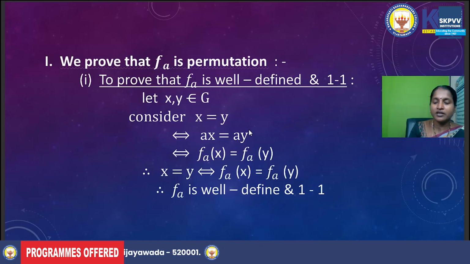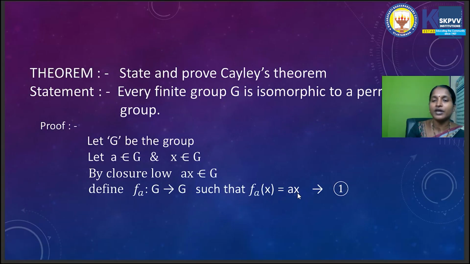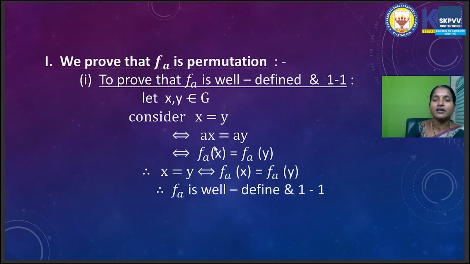By the definition, ax is f_a(x) and ay is f_a(y). So if x is equal to y, then f_a(x) is equal to f_a(y). This is well defined.